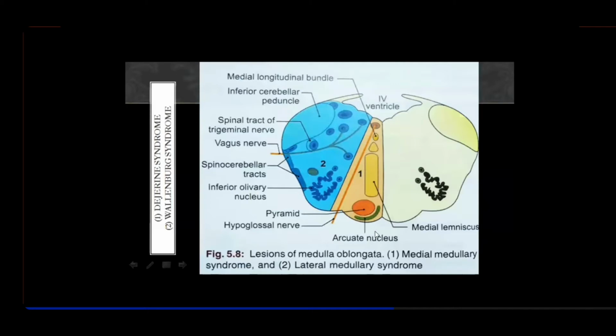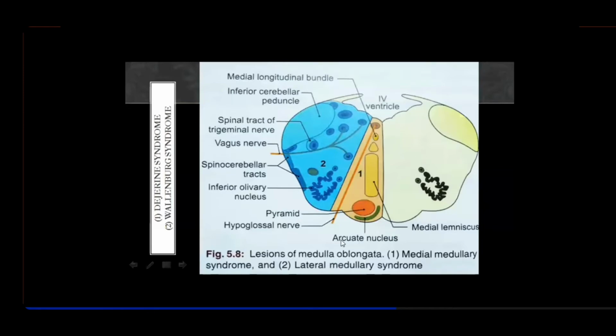So the anterior spinal artery will supply the entire thickness of the medial portion of the medulla, till the floor of the fourth ventricle, because you don't have an additional supply from there.